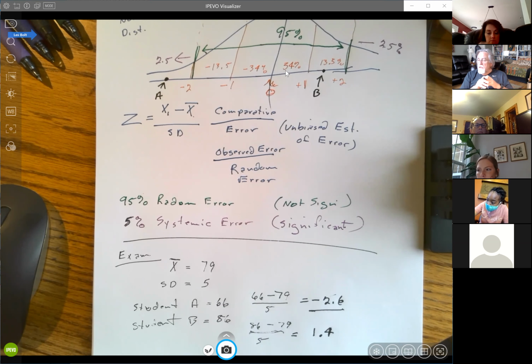So student A scored significantly different on this exam than did the class. In fact, they scored significantly lower than the class.